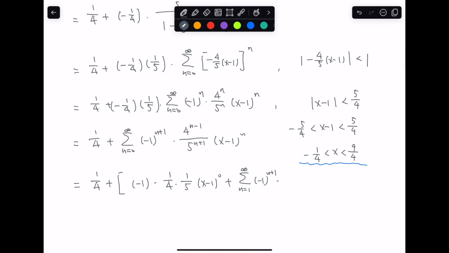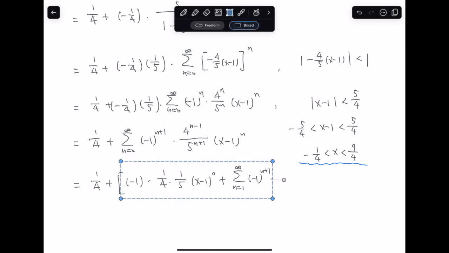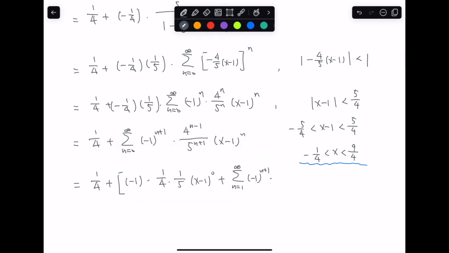That's a little bit long to write. 4^(n minus 1), 5^(n plus 1), x minus 1 raised to n. Hope I don't make any mistake.